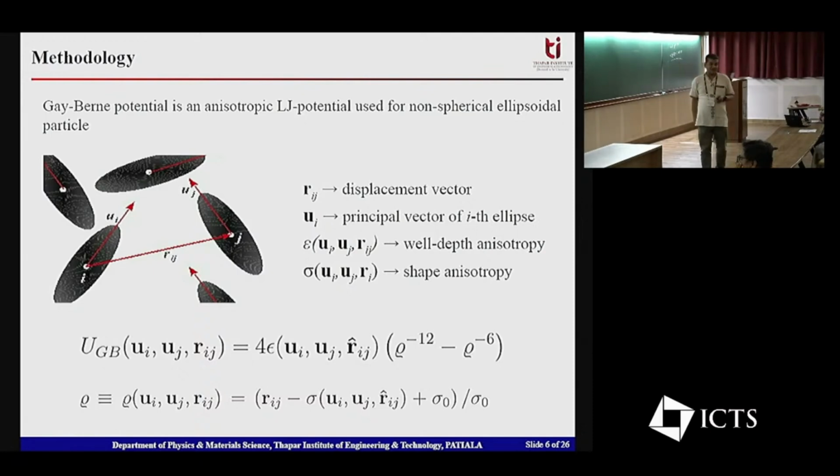Here, each of the particles is represented by an interaction called Gay-Berne, which is a derivative of the Lennard-Jones potential. Lennard-Jones is spherically symmetric, and Gay-Berne is asymmetric in such a way that the interaction represents ellipsoidal kinds of particles.